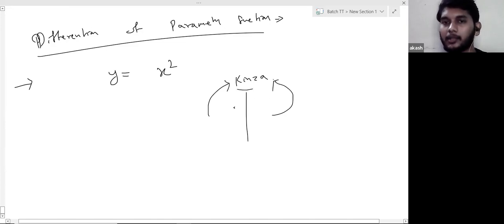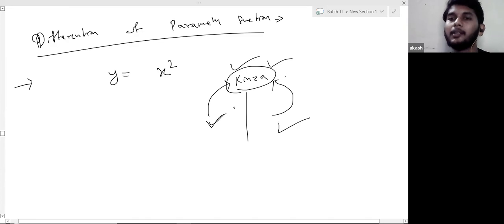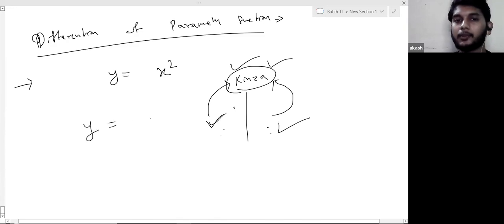So Kinza knows about both sides of the chugli. This is called a parametric function. That this quantity is talking to this quantity, but basically they are talking about each other. What do I mean by that? If I write y equals some function of t, suppose t square, x is also some function of t, suppose 2t.